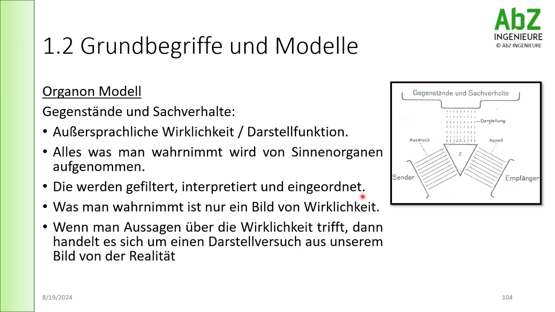Die werden gefiltert, interpretiert und eingeordnet. So when someone is speaking, they will show something and the receiver tends to filter and then interpret and then organize the same to understand the full message.